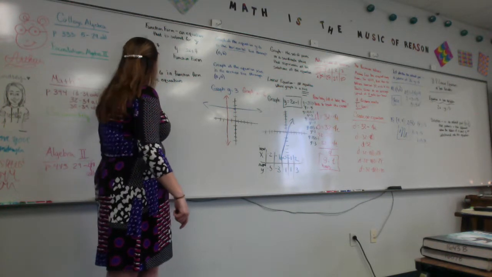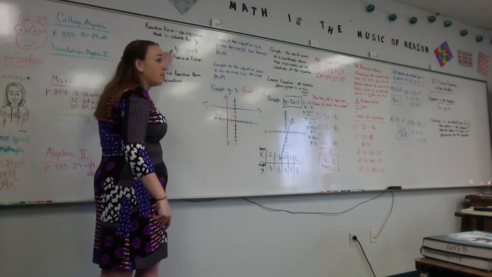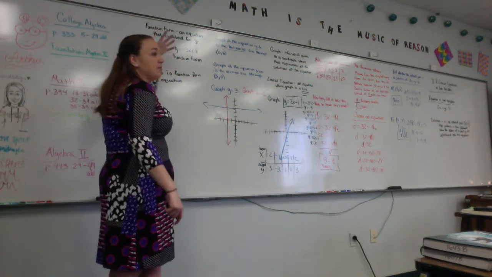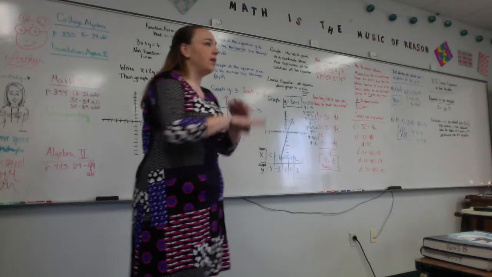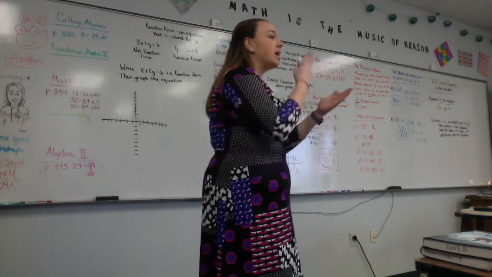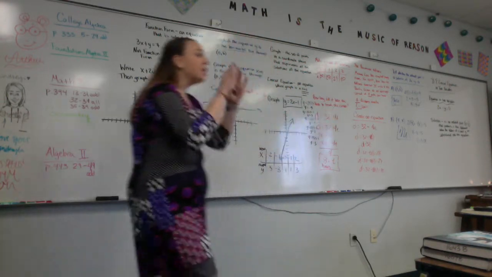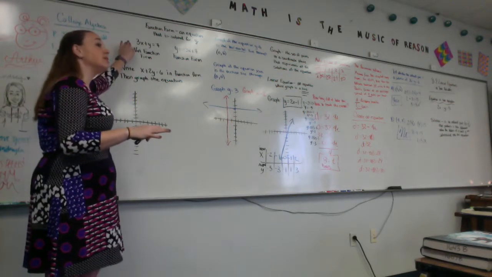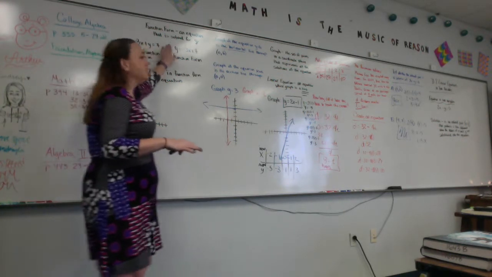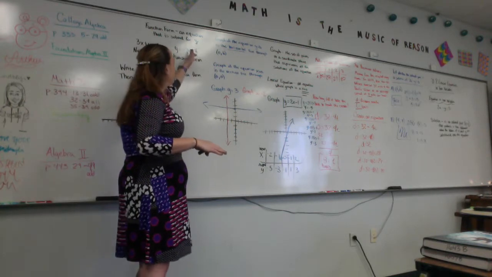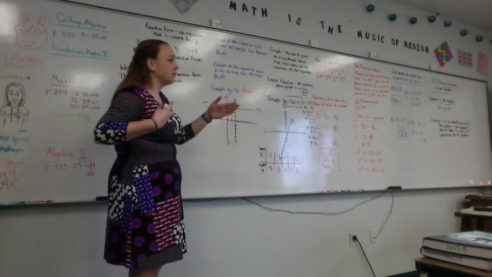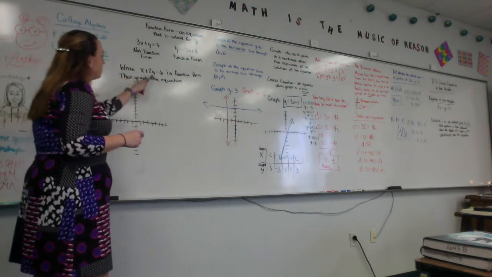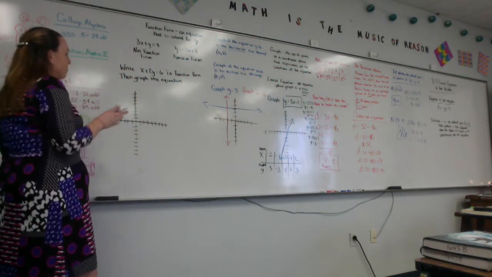But if there's anything with the y, a number in front of it being multiplied by it, a number that it's being divided by, a number being added or subtracted to it, it's not in function form. It has to have y by itself. I can graph it otherwise, but it's harder. It's very easy to graph in this form because I plug something in for x and I know what my y is.